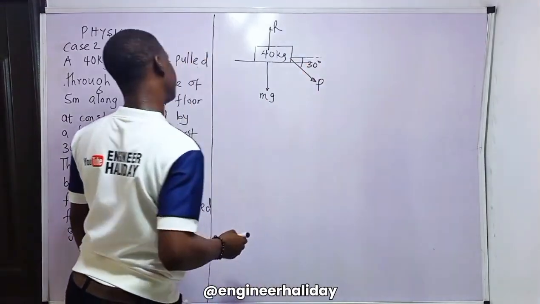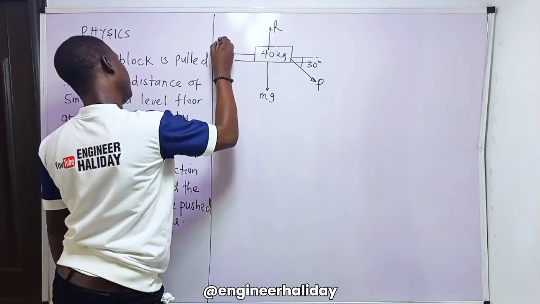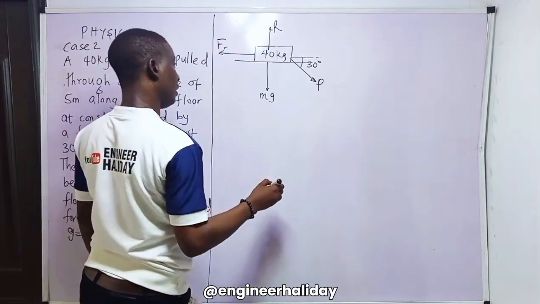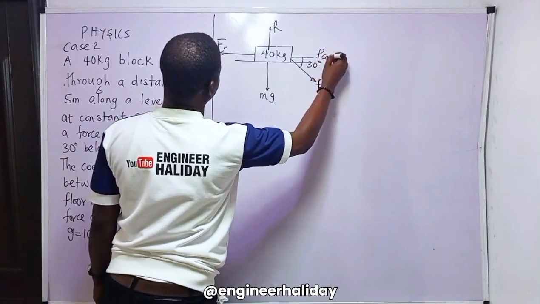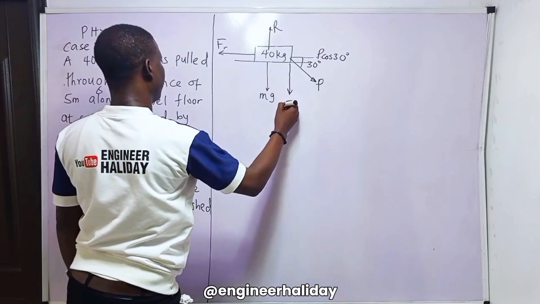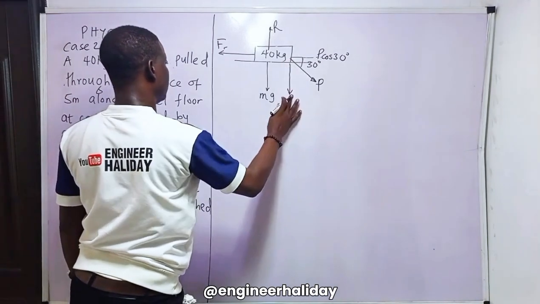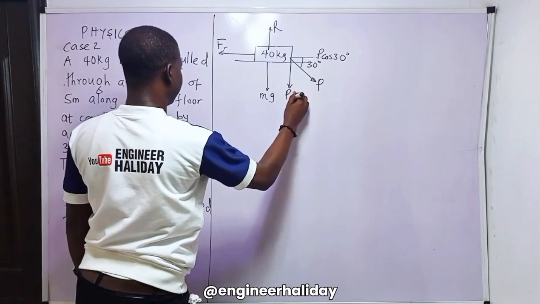As it is pulled, there is friction Fr. If you resolve in this direction, I would have P cos 30. Then resolving perpendicular to the block, it is P sin 30.